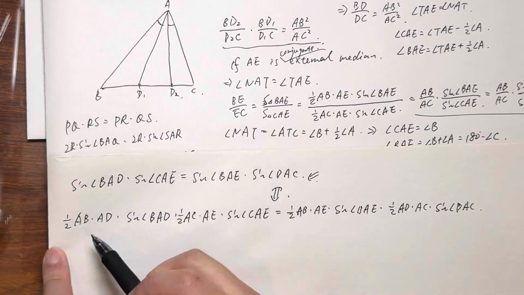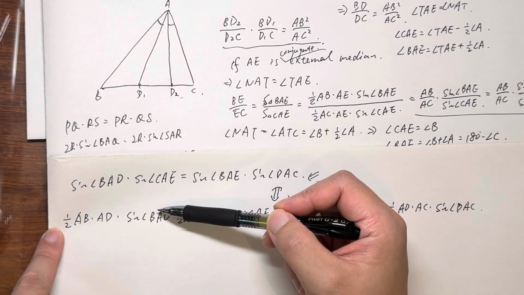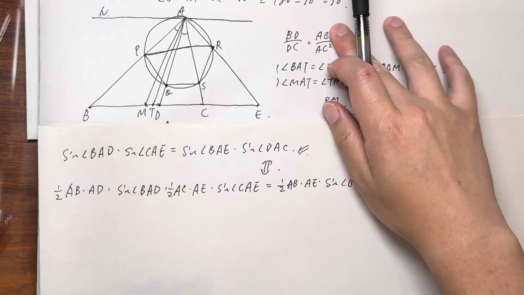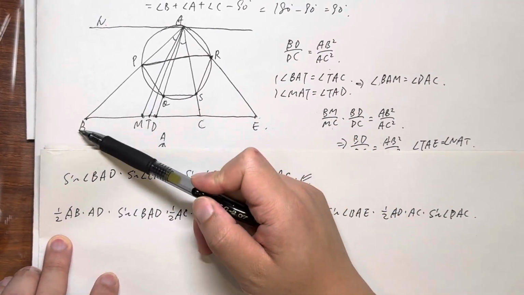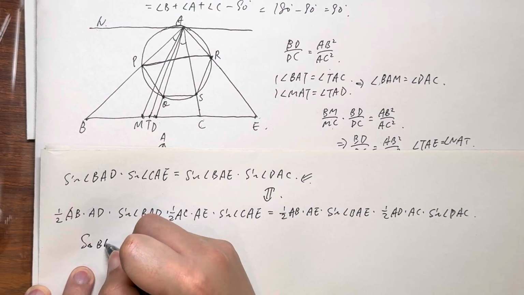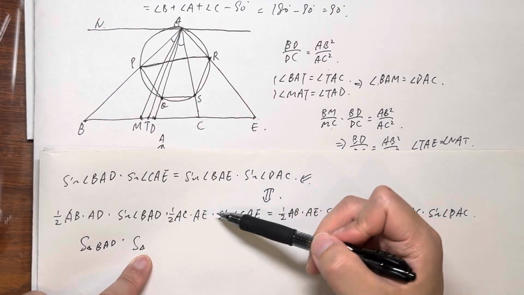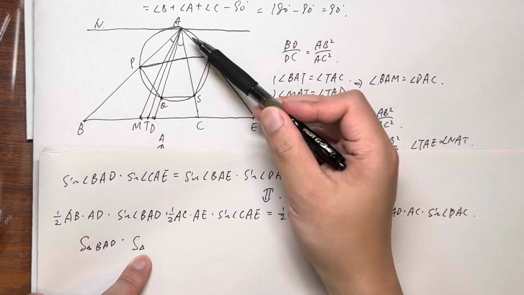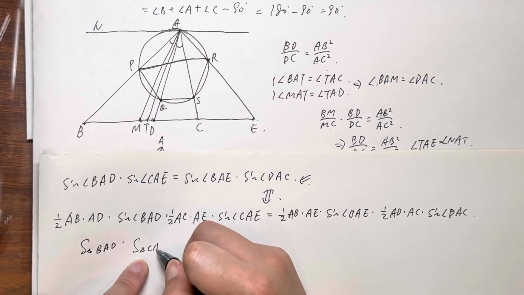And now we look at this one. Half of AB AD times sine angle BAD is the area of triangle BAD. And AC AE sine angle CAE is the area of triangle CAE.